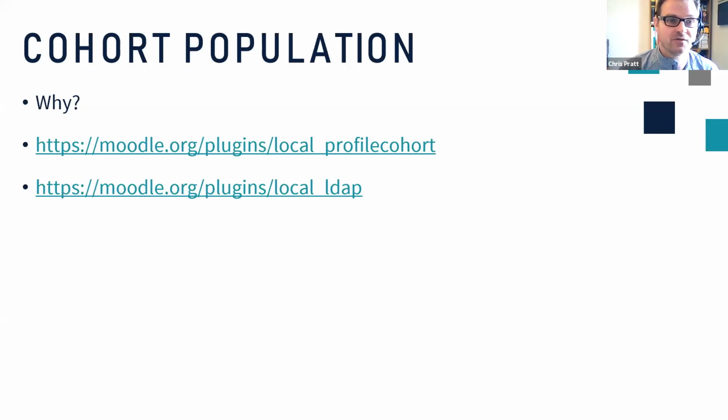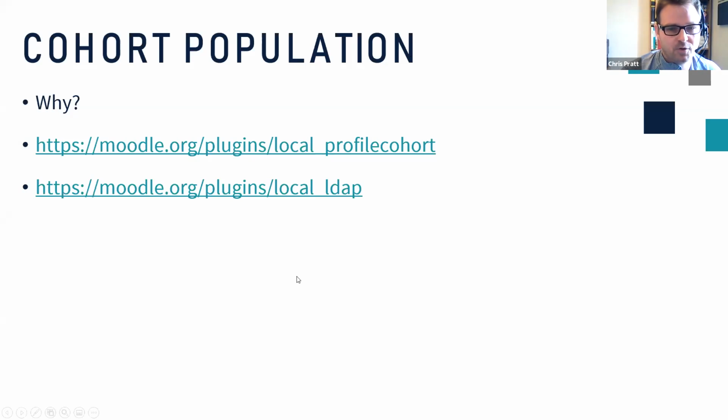So maybe it's a closed database and we don't have access to it, or they don't have rights to be able to create a view, for example. So we can use other methods to try and get that enrollment automated, because this is what all this presentation is about, is trying to automate these processes. We all know that it's just not practical to enroll thousands of people onto tens and hundreds of courses. So that's why we're looking at this in more detail.